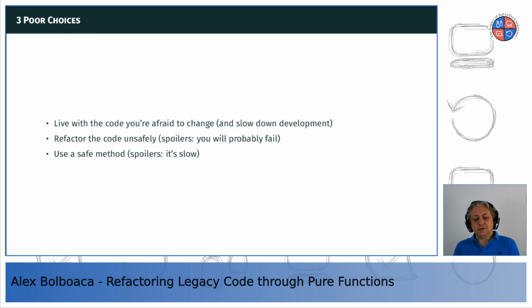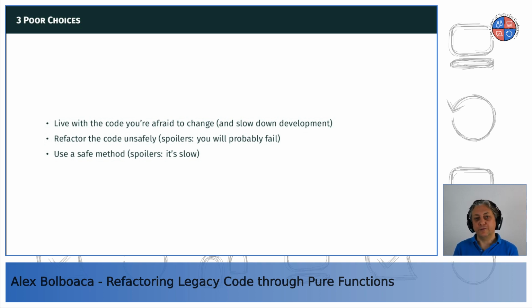So because of that, I believe that we are now living with three choices. We can either live with code that we are afraid to change and slow down development. This is a choice that many teams make. Or refactor the code without a safety net, which is another choice that I see many teams making.